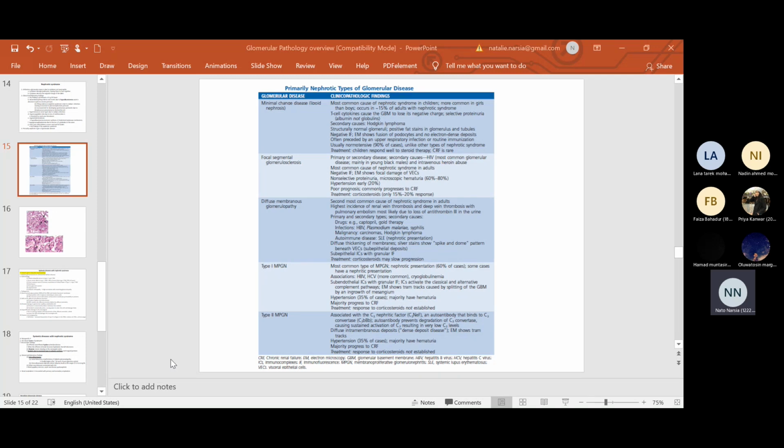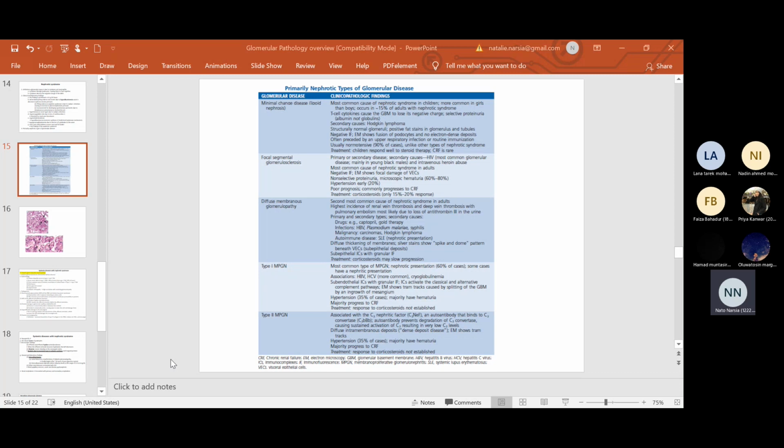And the name says it itself: minimal change means you cannot observe anything under the microscope. It is like myocardial infarction. Do you remember? Within 2 hours under the microscope, you cannot find anything. It is like this. You have a function change, but under the microscope you cannot see anything.